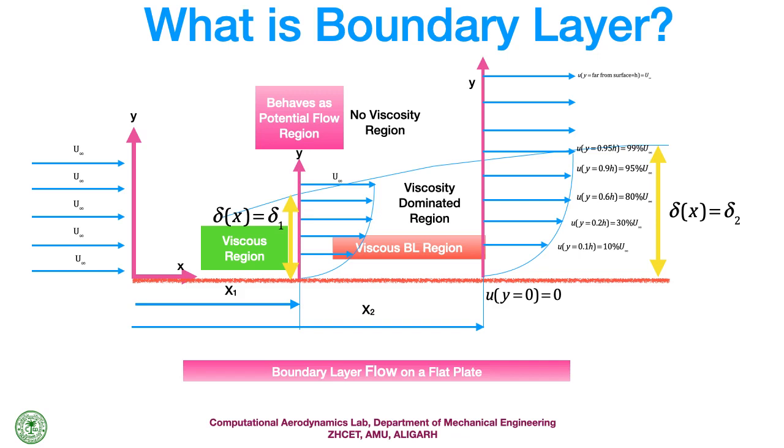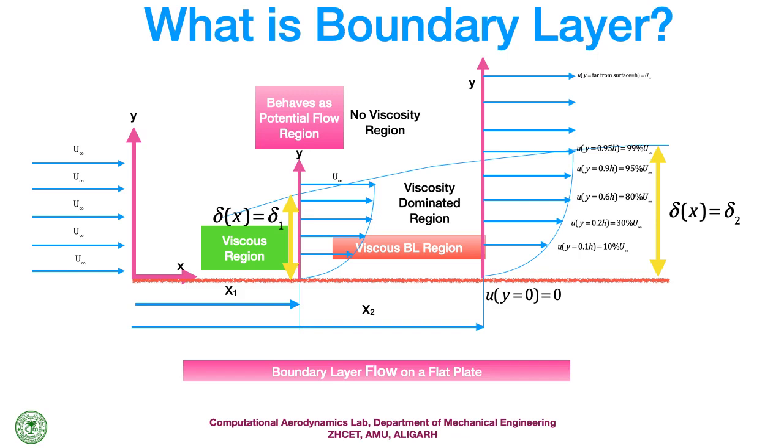But the point at which it reaches 99% of u infinity, we call that distance the boundary layer thickness. Now, if you measure this at other sections, you will find that the boundary layer thickness is a function of the x direction, that is the streamwise direction.